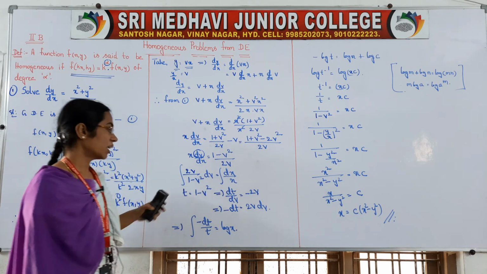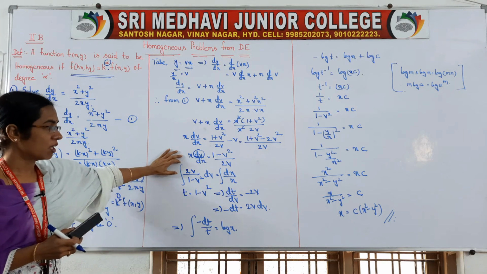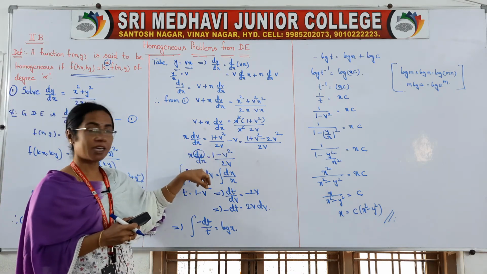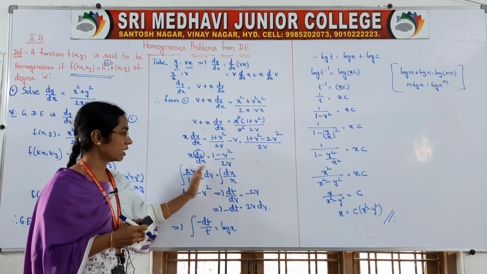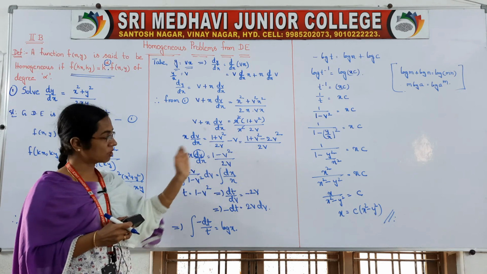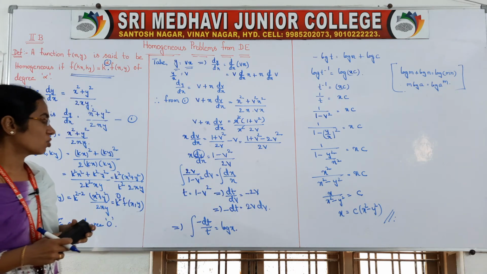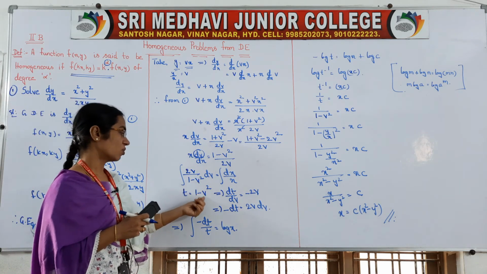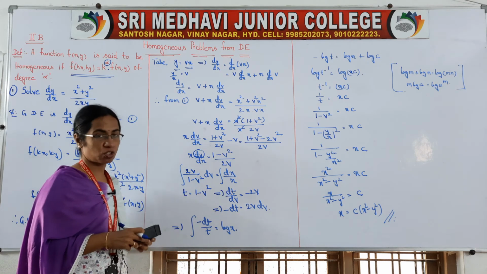equals 1 by x. So if you observe now, this is in variable separable form. V terms are there, dv by dx is there. So bring all the v terms to this side into dv, and dx downwards you send to that side, and the x term also that side. Then you take t is equal to 1 minus v square, and dt by dv is equal to minus 2v.